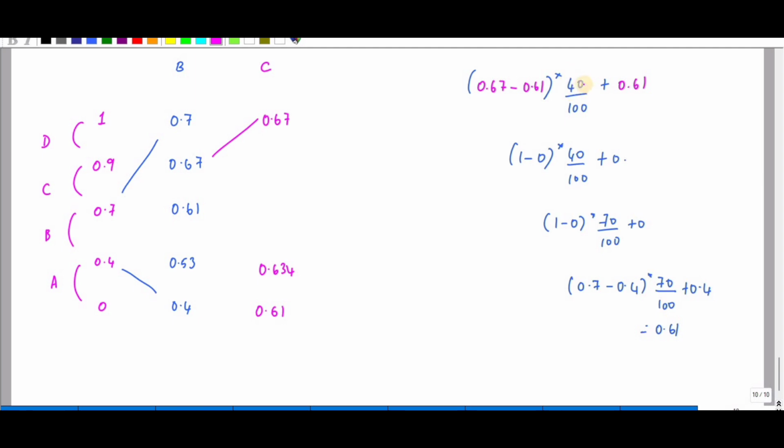If you substitute 70%, you will get 0.652. If you put 90%, you will get 0.664.